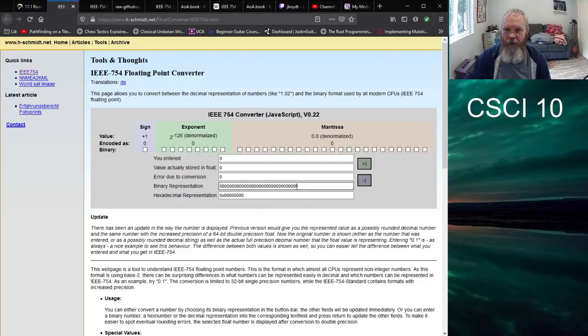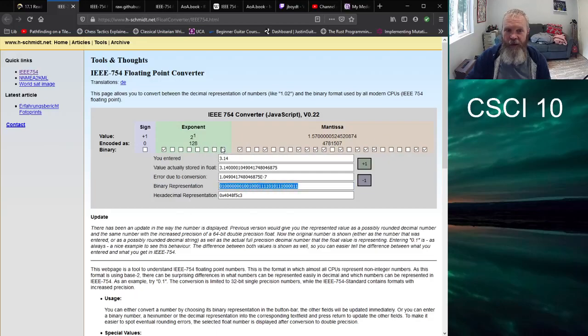So if it's asking you to convert binary, you can type it in here in binary, or you can click the binary. If it's asking you to convert decimal, then you can type in the decimal here. And then you press enter and it does the conversion and shows you what it looks like in binary.